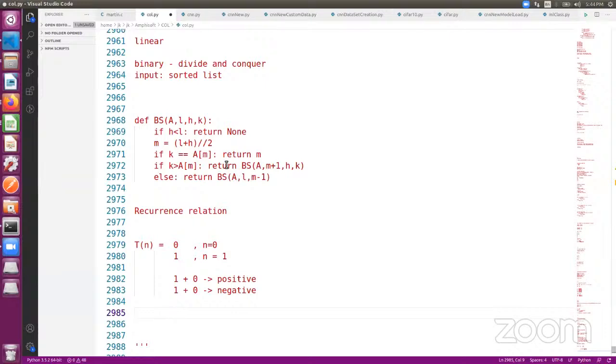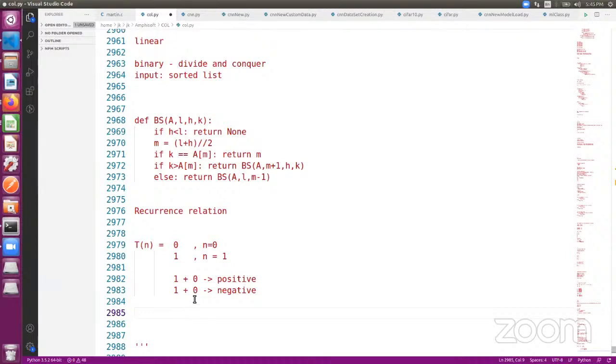Now, if I have more elements and the mid element is not matching, what will I do? Either I will go to the left half or the right half. I'll just skip the entire half based on the condition. So my number of data is going to be half, so time also will be reduced by half.